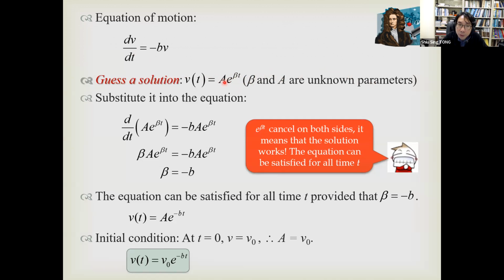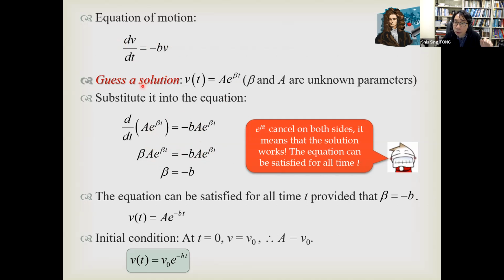If I substitute this solution into the left-hand side of the equation and differentiate it, what I get is beta A exponential beta t. The beta factor comes out upon differentiation by the chain rule, right? The right-hand side is simply minus bv. So I just copy the v here without doing anything.